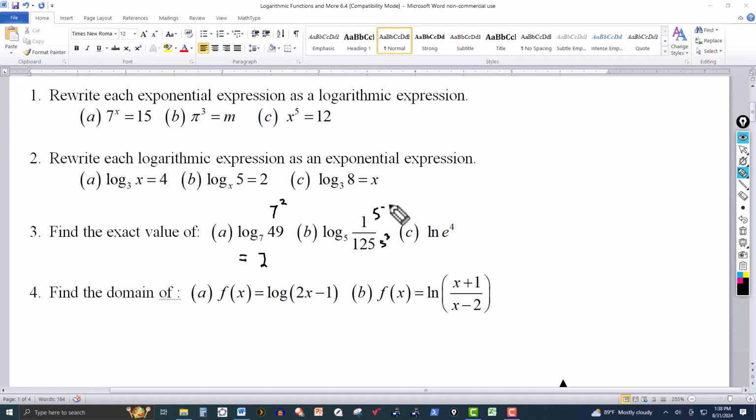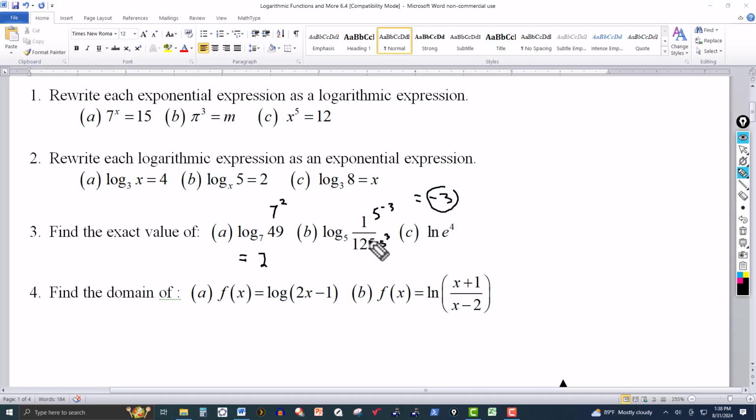This becomes a negative 3. So we're saying the log of 5 to the negative 3 to base 5 is what? So we're saying 5 to what power is 5 to the negative 3? Well, that's negative 3. So 5 to the negative 3 will give me 1 over 125.